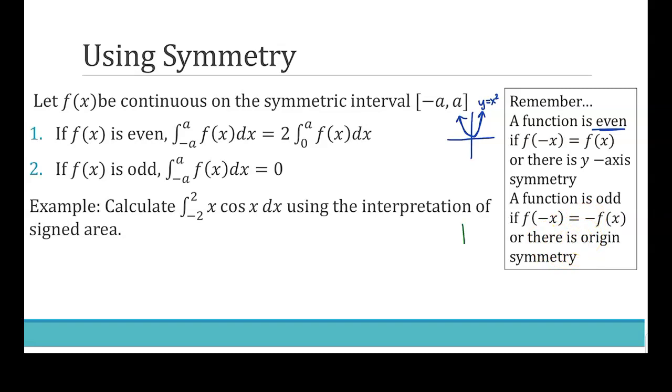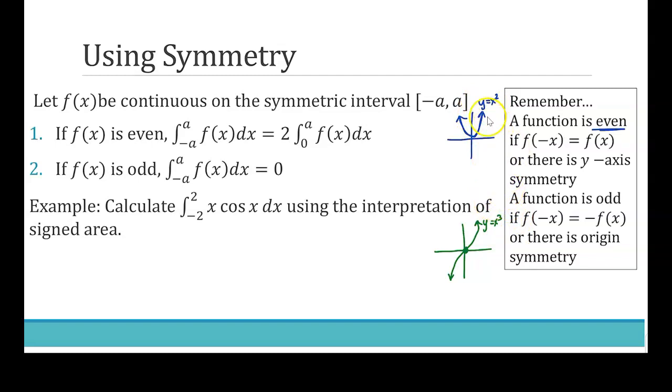The function y equals x cubed has origin symmetry. That means if we rotate this graph 180 degrees, spin it 90 and then another 90, and put it right back down, it looks like the exact same function. So this is an example of a graph that has origin symmetry, and this is an example of a graph that has y-axis symmetry. So it's called even and odd.